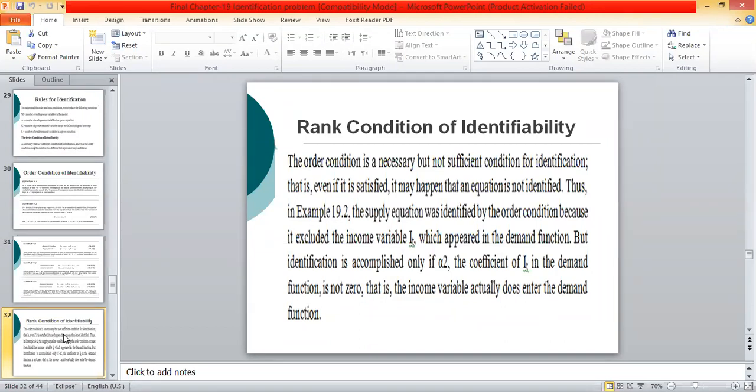This situation is known as the exclusion criterion, or zero restriction criterion, because the coefficients of variables not appearing in an equation are assumed to have zero values.